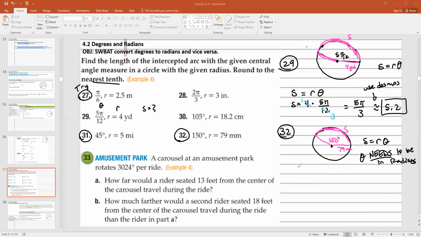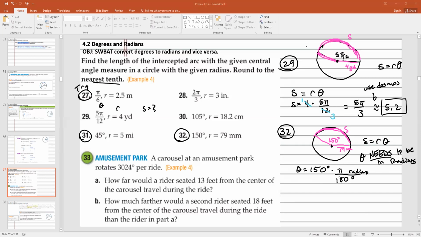So we're going to change theta first from 150 to radians. Remember, the unit that you want should be on top. So we should have radians on top and degrees on the bottom. That's going to be pi radians over 180.